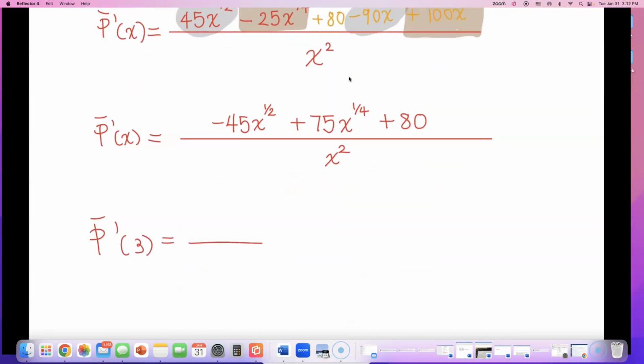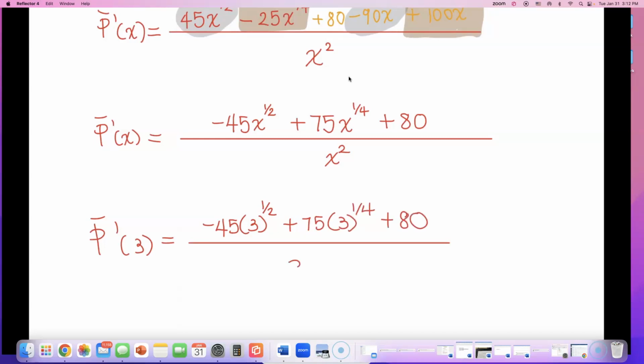Plug in 3 now. You're going to get negative 45 times 3 to the 1/2 power, plus 75 times 3 to the 1/4 power, plus 80, all over 3 squared. I'm going to pause the video so that I can type this into the calculator.